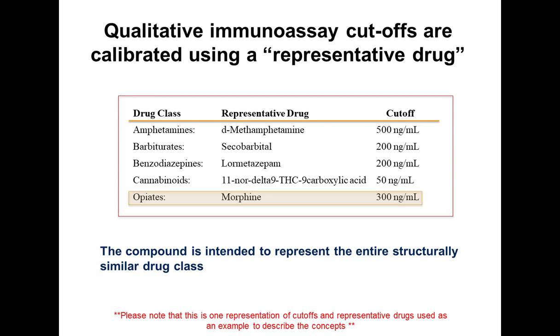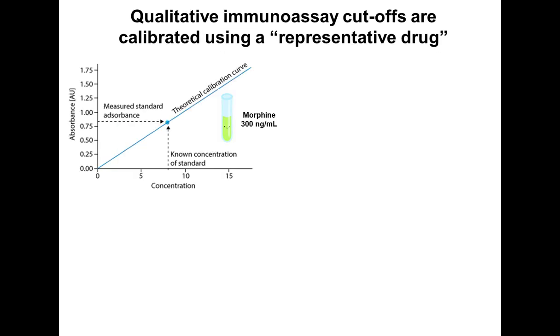I will use the opiate assay as the example, with morphine as the representative drug, setting a cutoff at 300 nanograms per mil. The cutoff is set by running a known concentration of morphine, 300 nanograms per mil here, which will be our standard in our assay, and it will generate a signal.